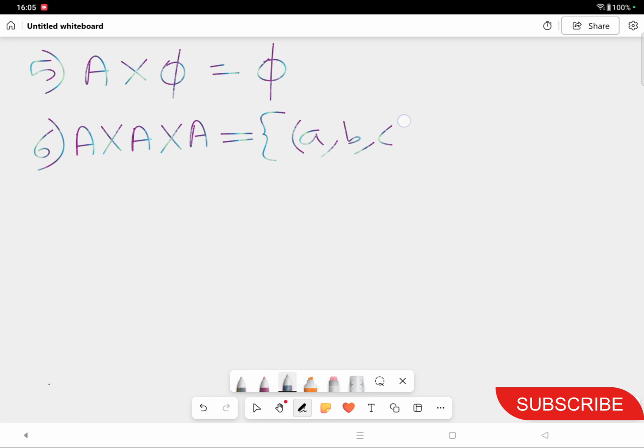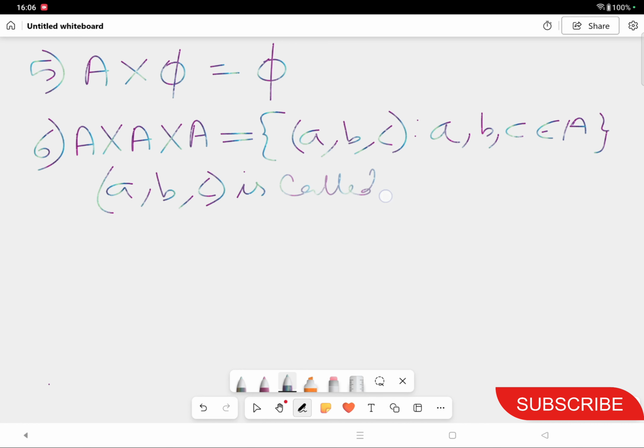It will be the set of (a, b, c) such that a, b, c belong to the set A, where (a, b, c) is called an ordered triplet. When you take 3 elements at a time, it is called an ordered triplet. We will do a few sums on these ordered triplets also after we finish off with the properties.